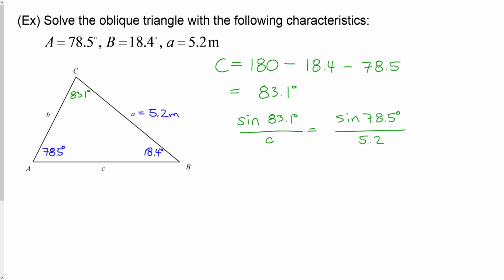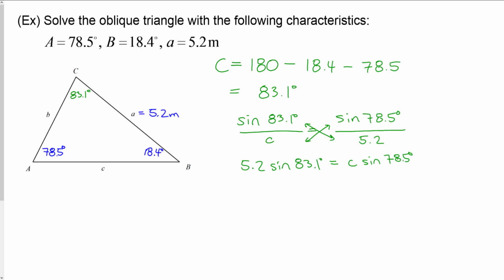So I will start by cross multiplication. I'm going to multiply these two values, then these two values. So 5.2 sine 83.1 equals c sine 78.5 degrees.